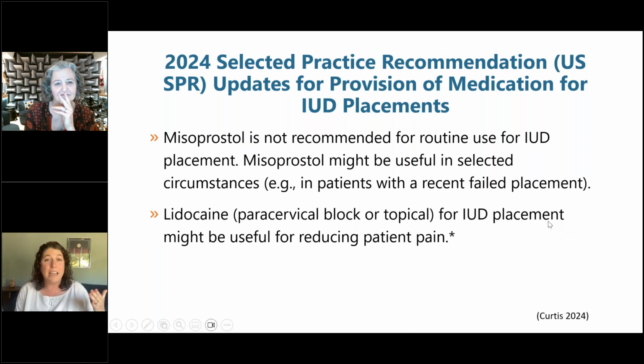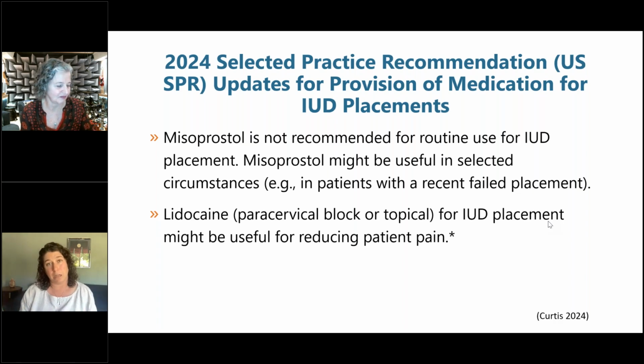What's interesting is that there was always this recommendation, like in the 2016 guidelines. The only thing actually that's new in the 2024 guidelines is the topical piece; there was a recommendation before for paracervical blocks. So I think it is as much about an updating to the recommendations as it is about drawing more attention to people's experiences of pain during these procedures.